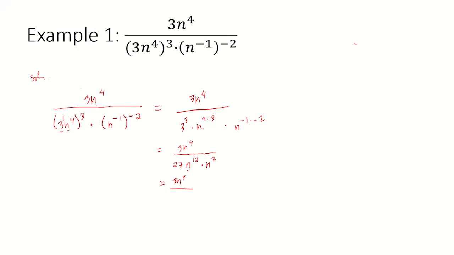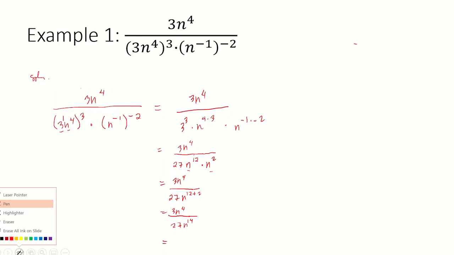So now, we have same bases here, and the operation between them is multiplication. So yung gagawin natin is product law. I-add lang natin yung mga exponents nila. So it will result to 27n to the power of 14. Okay.